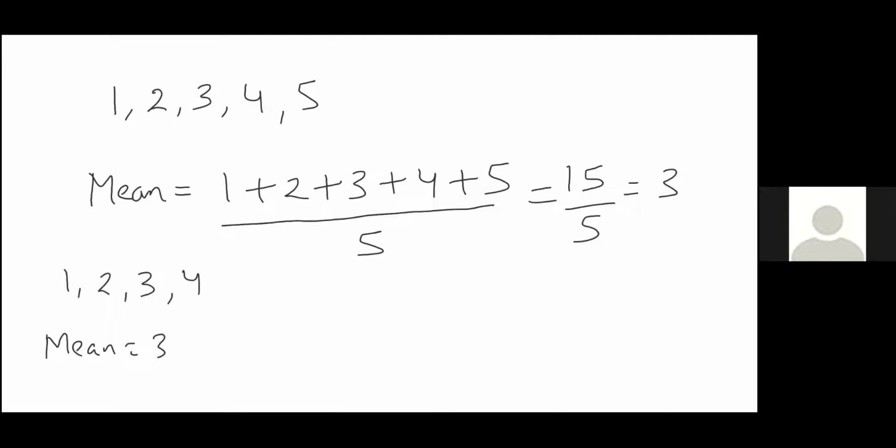So you have only 4 degrees of freedom right now. So you can change 1, 2, 3, and 4 to any number, but the fifth number is fixed at 5. So initially you had 5 degrees of freedom. Now you have only 4 degrees of freedom and you have lost 1 degree of freedom. So when you are estimating the mean, when you are calculating the mean, you are losing 1 degree of freedom.